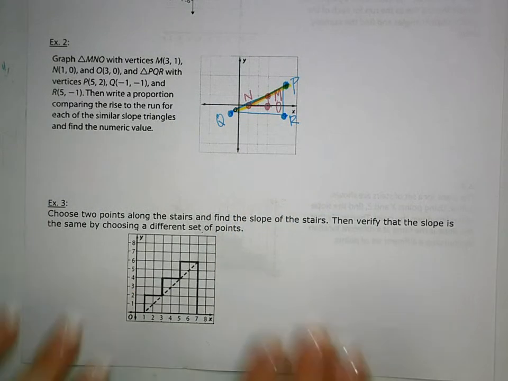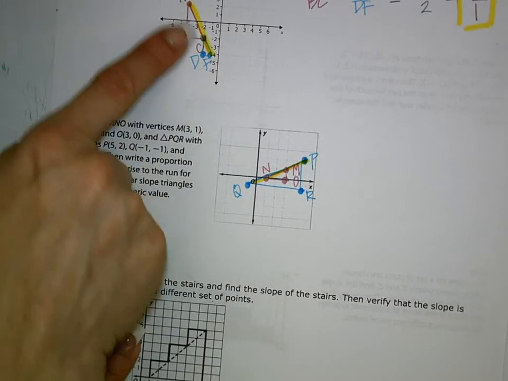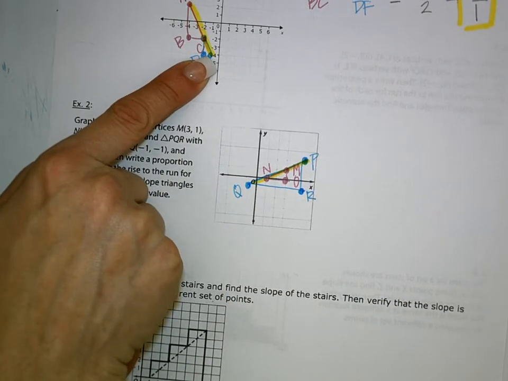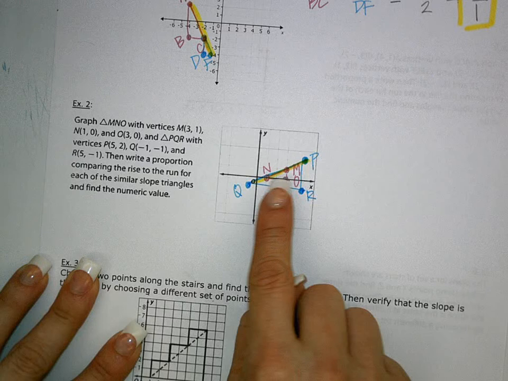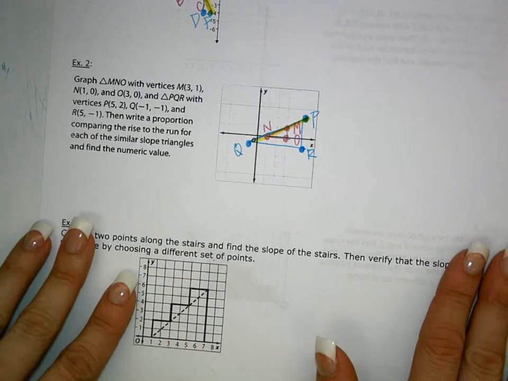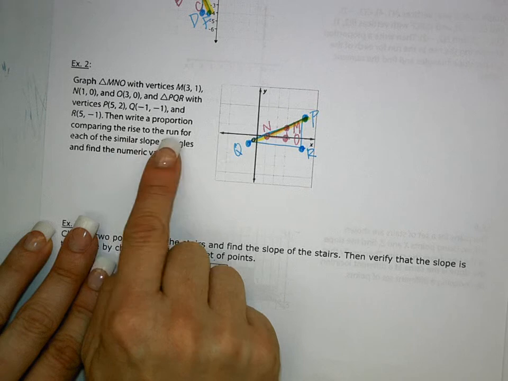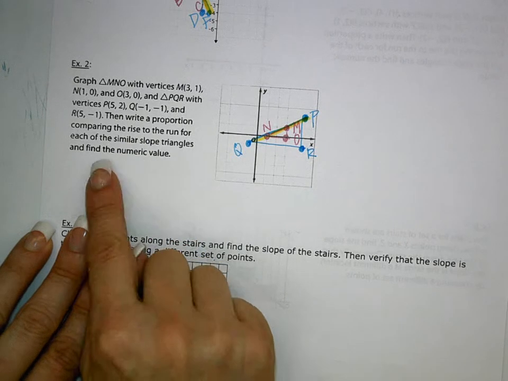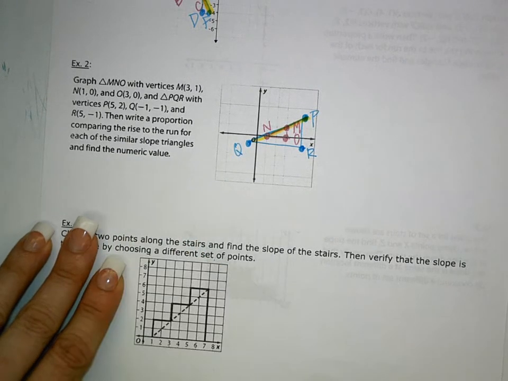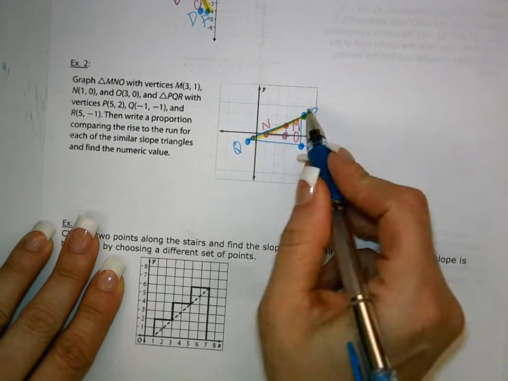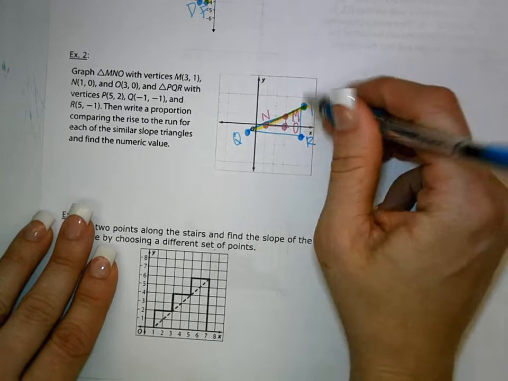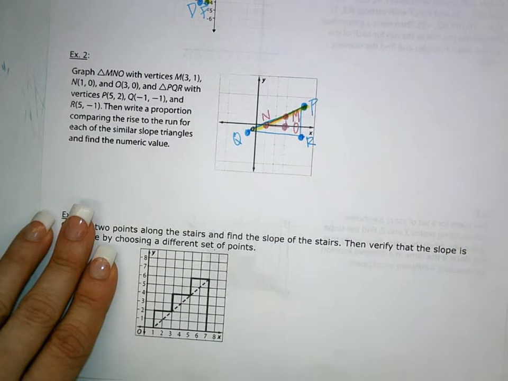Okay, so triangles can either be lined up with each other like we were in number 1 and have the same slope, or one could be inside the other one and have the same slope. Okay, it says write a proportion comparing the rise to the run for each of the similar slope triangles and find the numeric value. So if we're looking at the bigger triangle, what side shows you how far you go up?